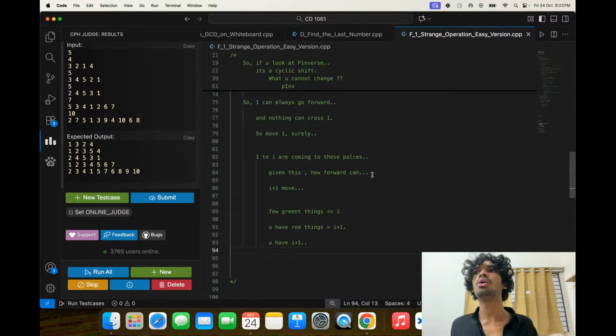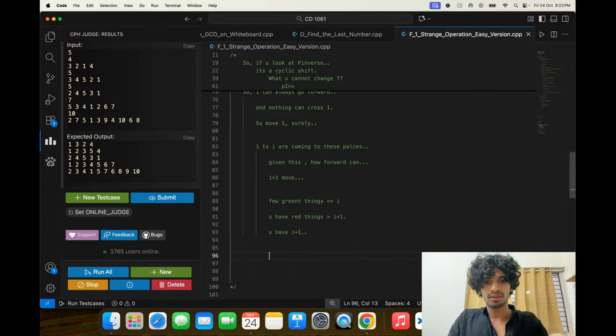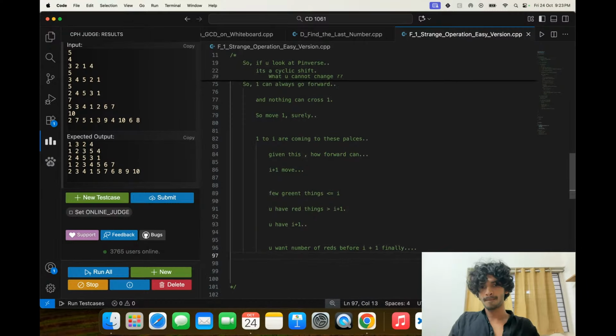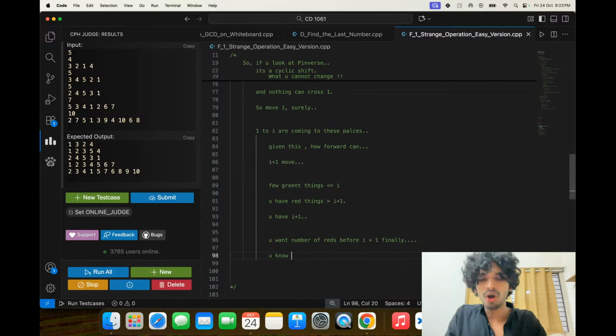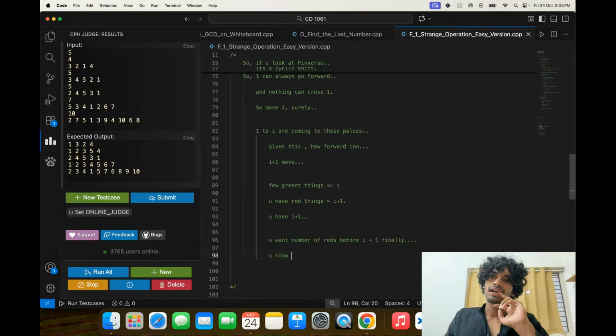So you know the number of reds. Okay. You want the number of reds before I plus 1 finally. You know it cannot be 2.